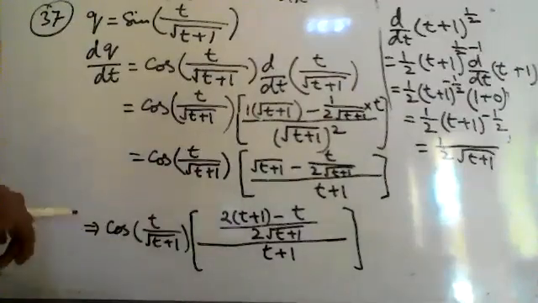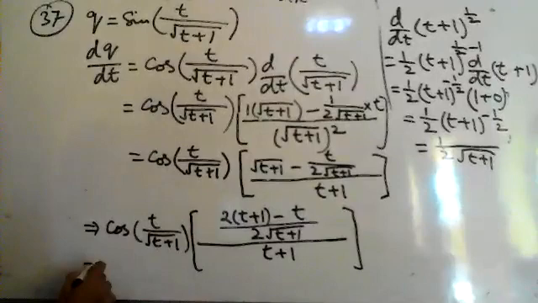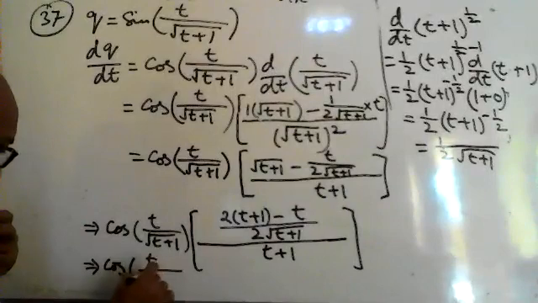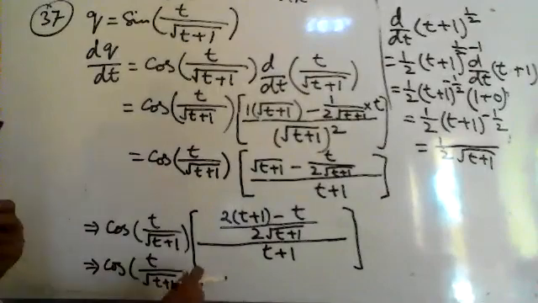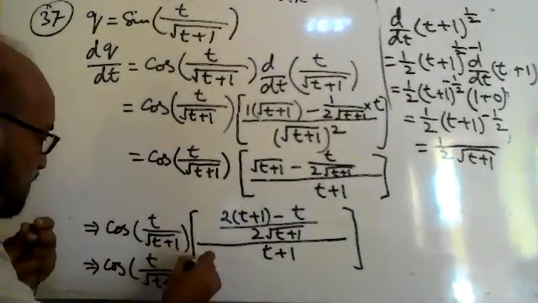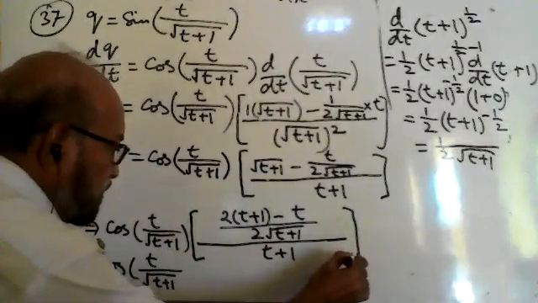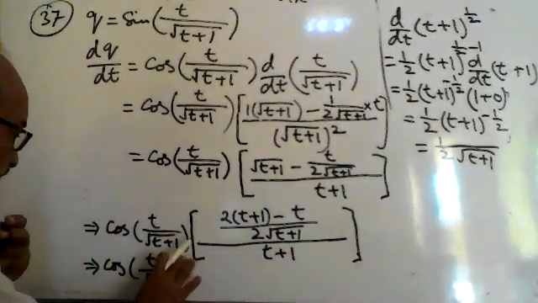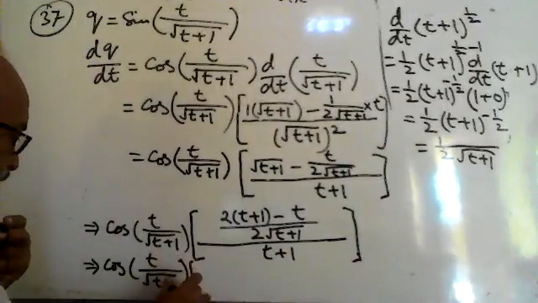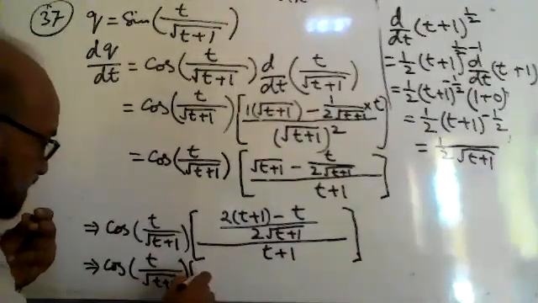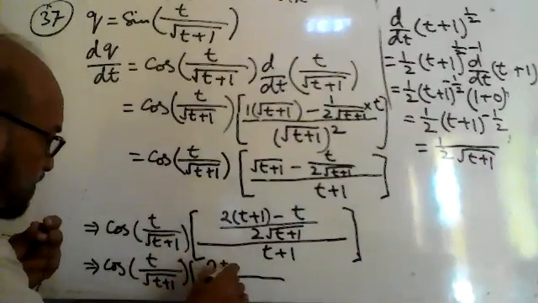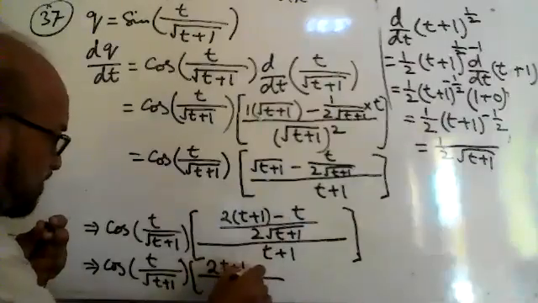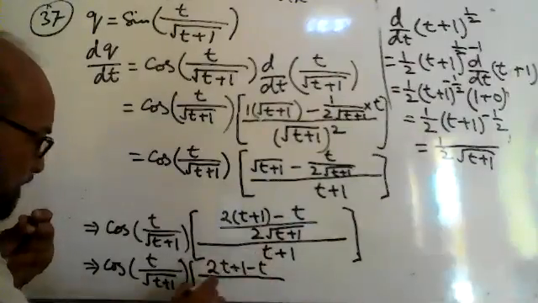Okay, I will do over there. Cos of t upon root t plus 1 into 2t plus 1 minus t whole upon t plus 1.